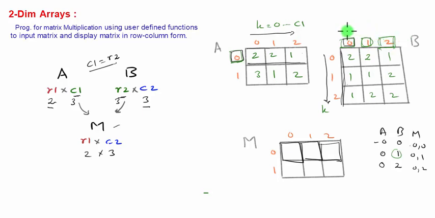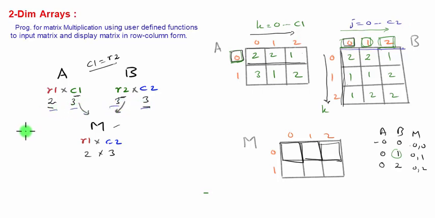To keep track of this column count, we'll utilize some other variable, let's call that variable j. That j variable is to count 0 up to the number of columns in B. Number of columns in B is supposed to be C2. So it will be a loop that counts 0 to less than C2. Here C2 is 3. You can just keep taking example of these numbers we have written over here.